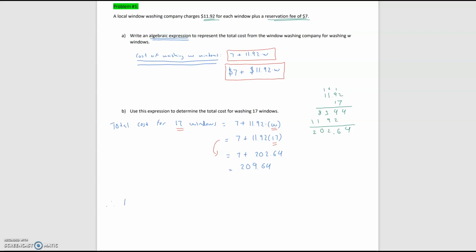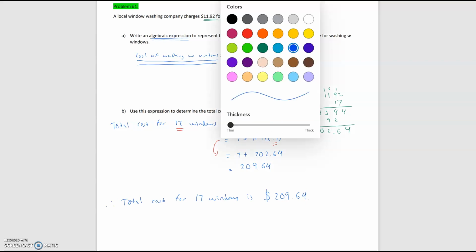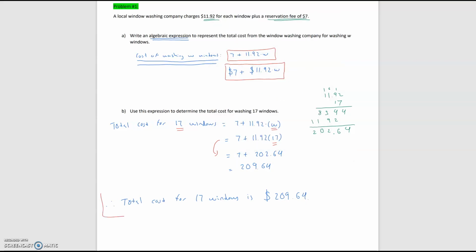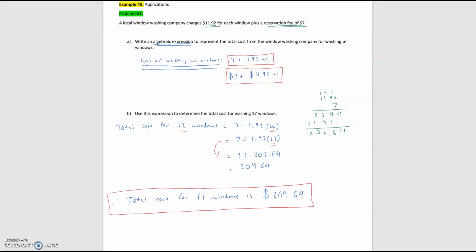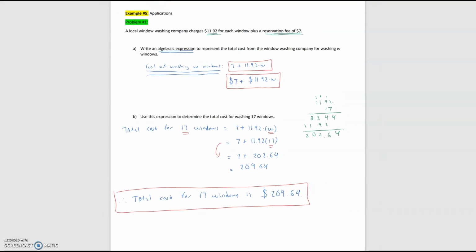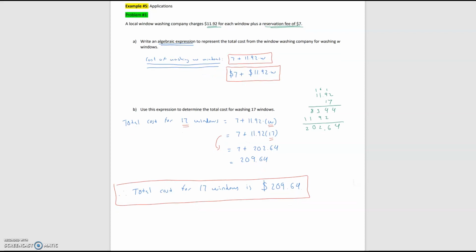So the total cost for 17 windows is $209.64. Okay, so that's it for problem number 1 on these applications. Remember that most of the applications are going to be expecting us to write our final answer as a sentence.